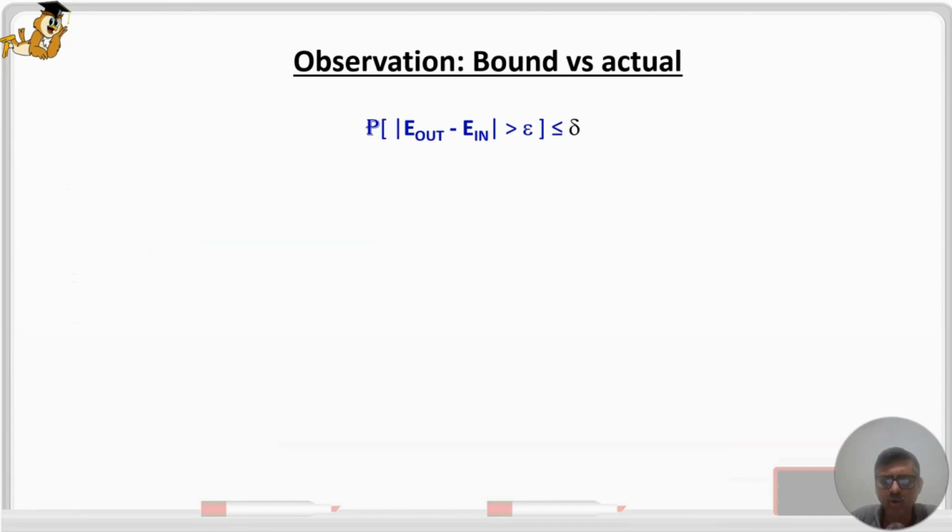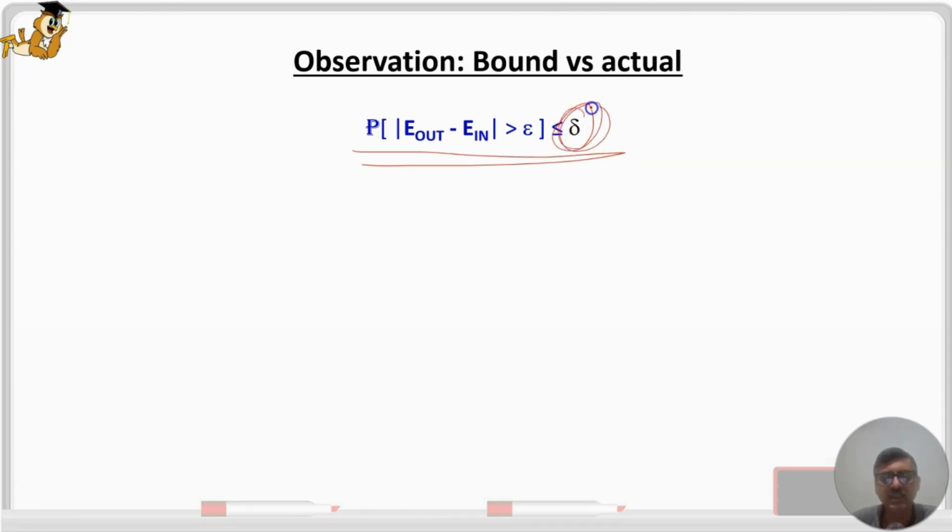I want to draw your attention to something important which some of you may have already noticed by now. This observation has to do with bound versus actual. Let's look at what we have here. We have this equation that says the probability of E out minus E in exceeding epsilon is less than delta.